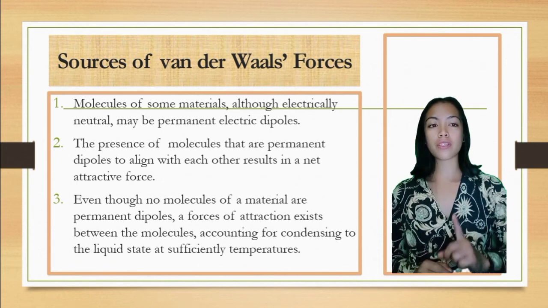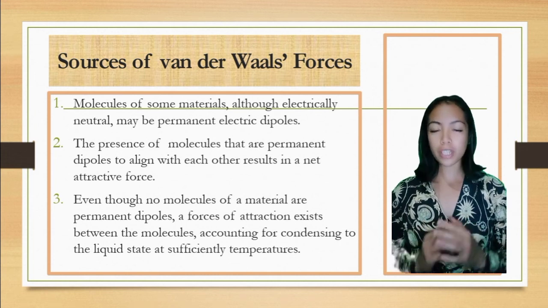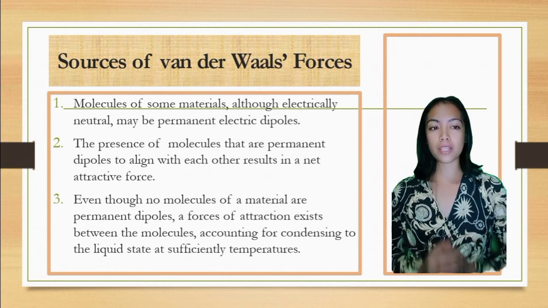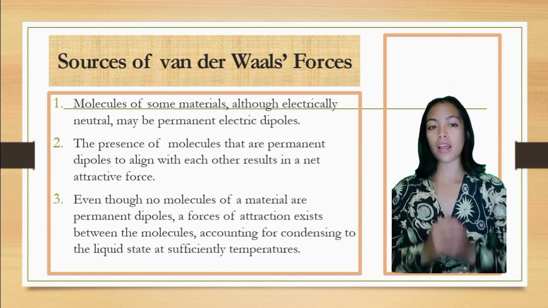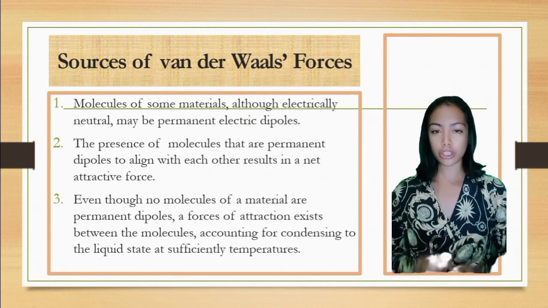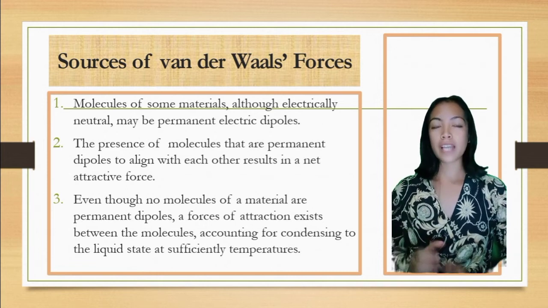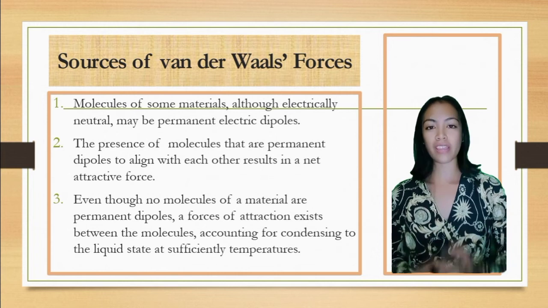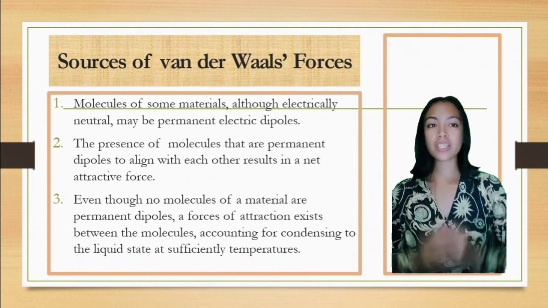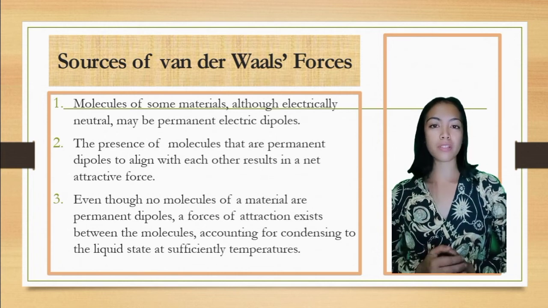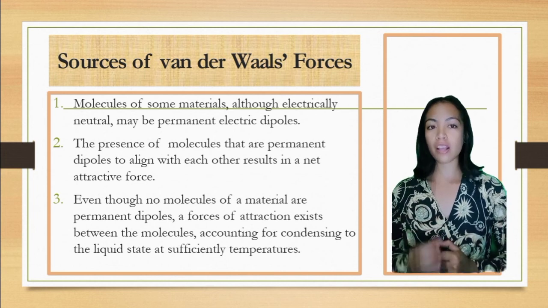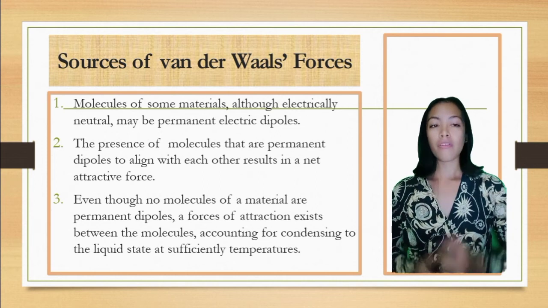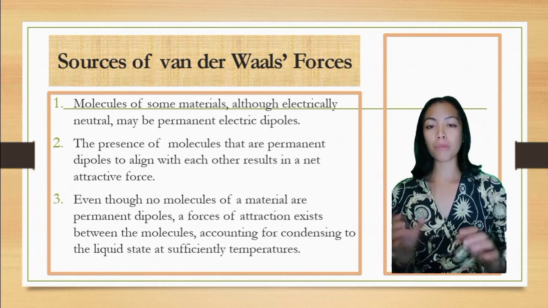First, the molecules of some materials, although electrically neutral, may be permanent electric dipoles because of fixed distortion in the distribution of electric charge in the structure of the molecule. One side of the molecule is always somewhat positive and the opposite side is somewhat negative. Second, the presence of molecules that are permanent dipoles temporarily distorts the electron charge in other nearby polar or non-polar molecules, thereby inducing further polarization.